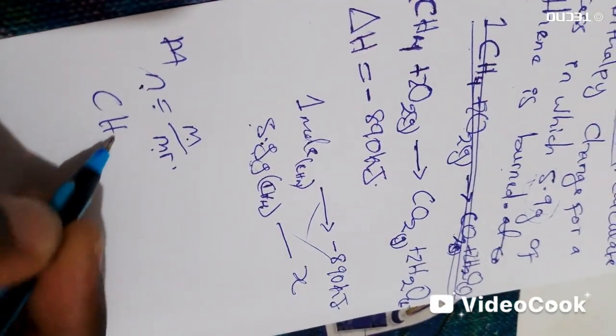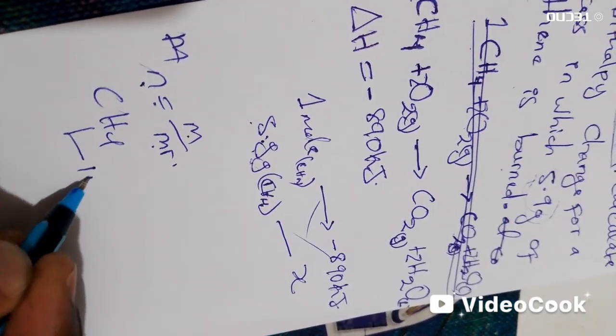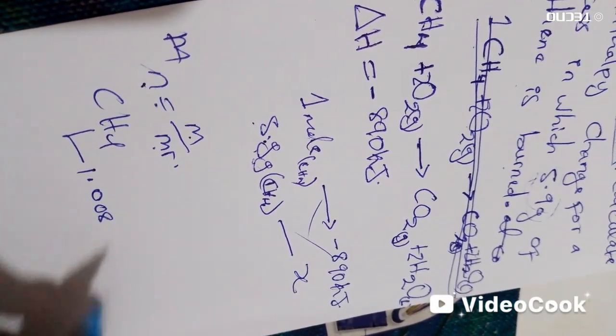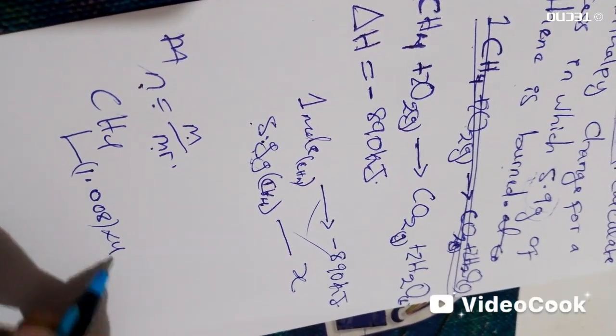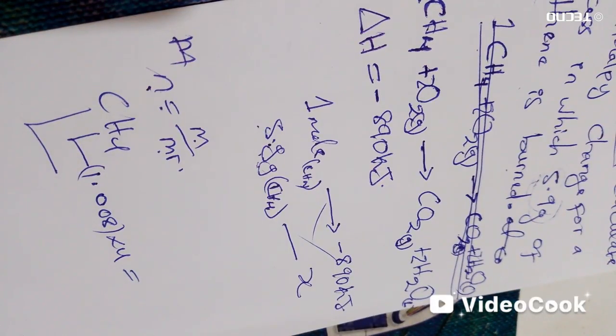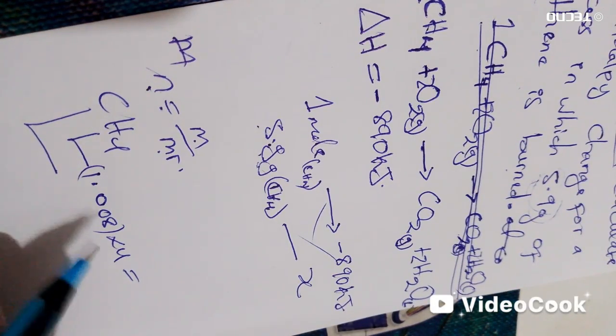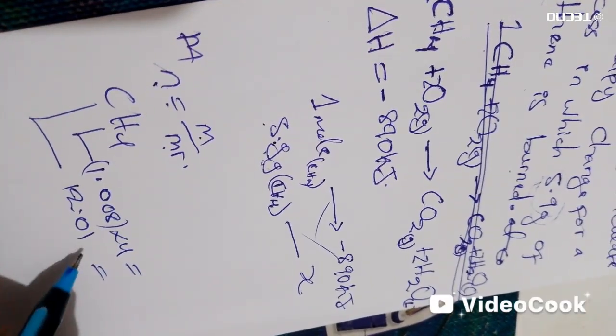So CH4. H there is 1.008, times 4. And then the carbon uses 12.01, which is just going to be times 1.